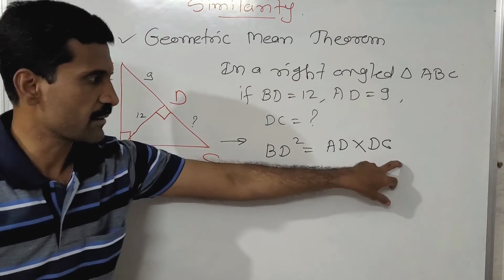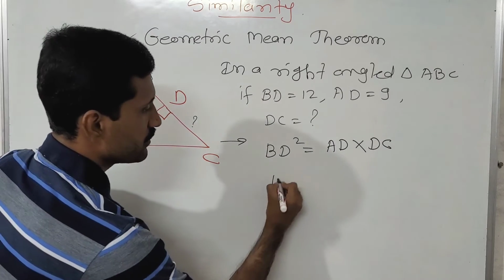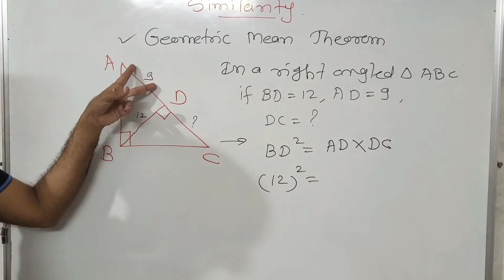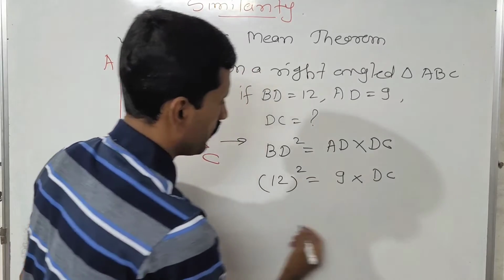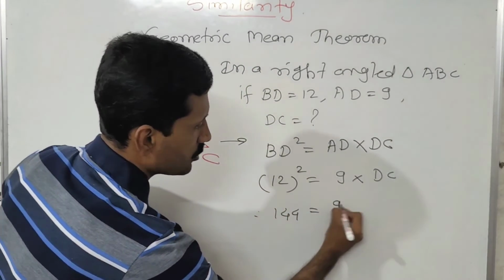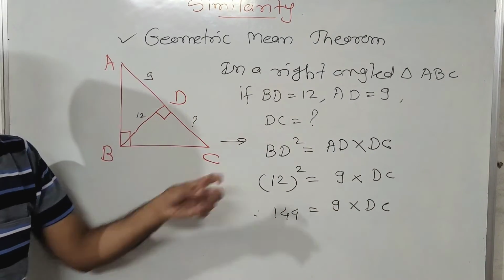Now out of these 3 segments, 2 are given. So the length of BD is given to be 12. So we'll replace BD here by 12 square is equal to AD, which is also given to be 9, into DC that we have to find. So 12 square is 144 is equal to 9 into DC. If we take 9 to the left hand side, it will be in the denominator.